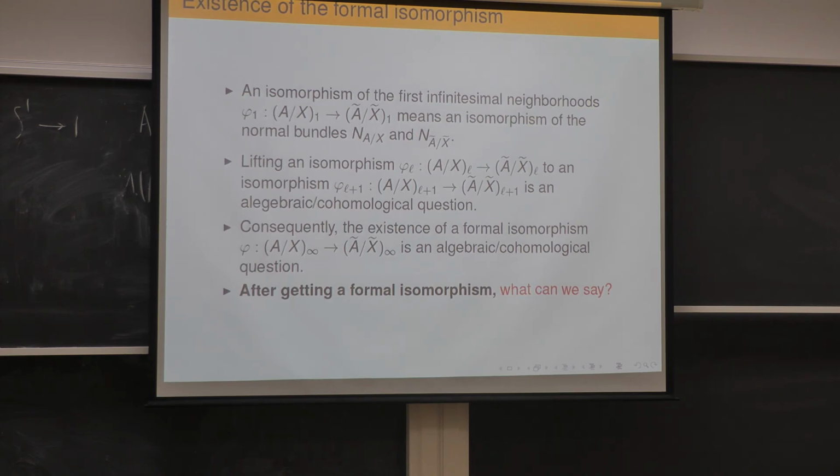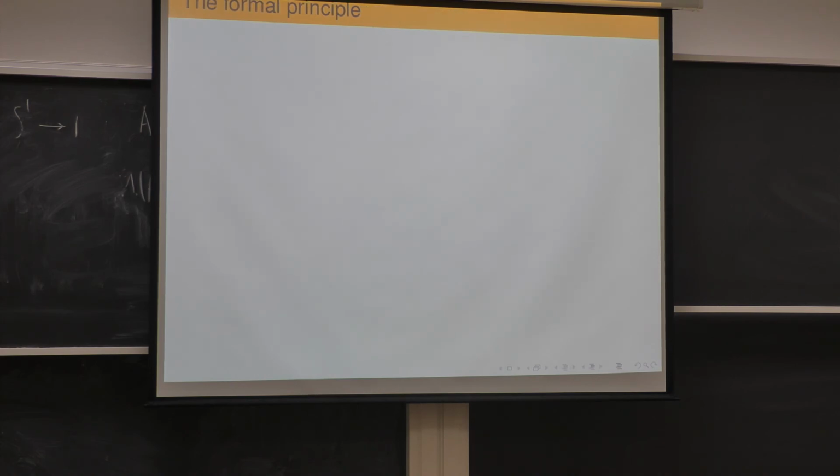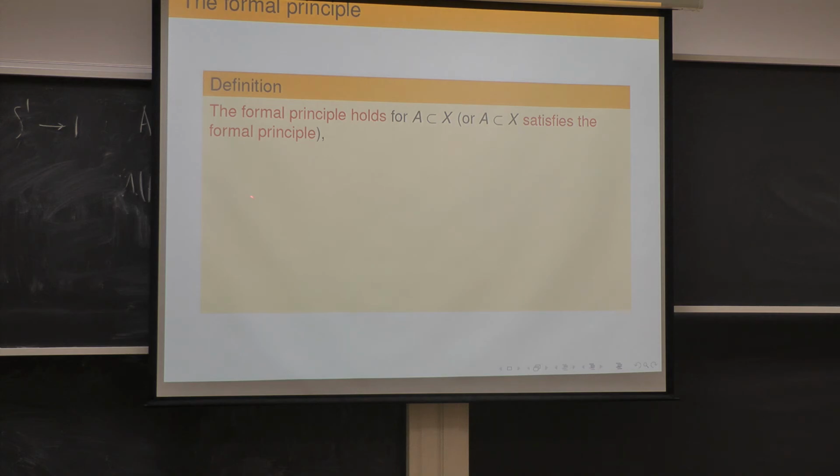So this is formulated in the following way, the formal principle. This is the main concept we'll consider. We say that the formal principle holds for a compact submanifold A in a complex manifold X, or that A in X satisfies the formal principle, if the following is true.